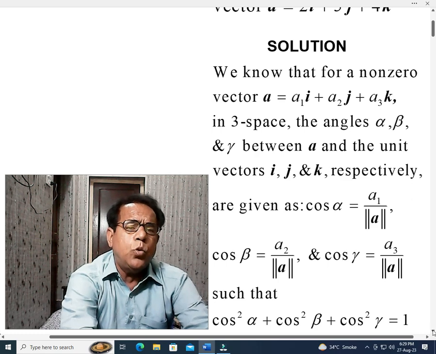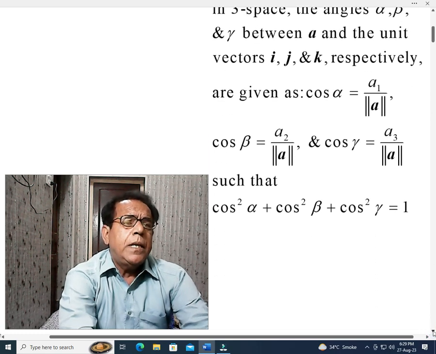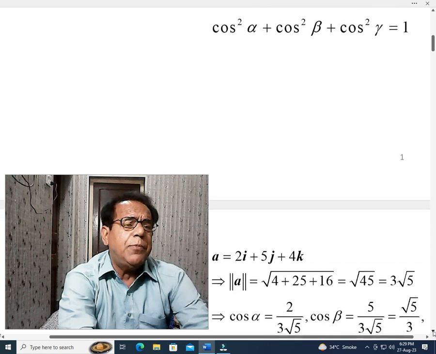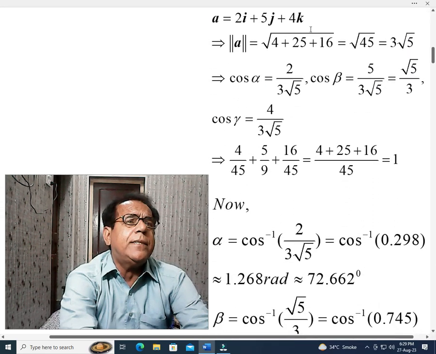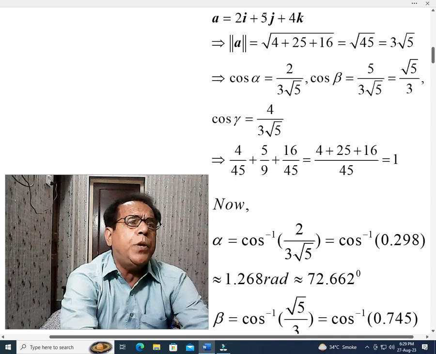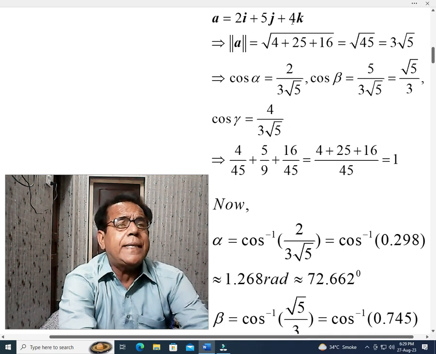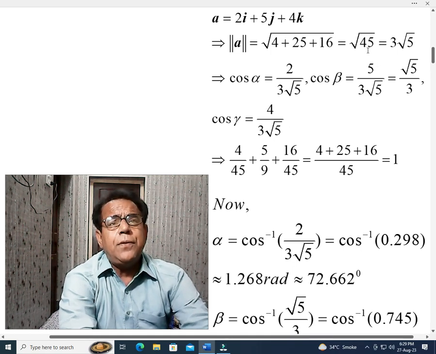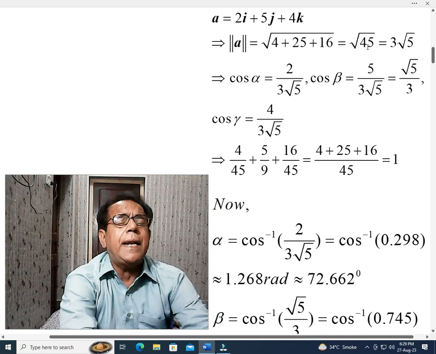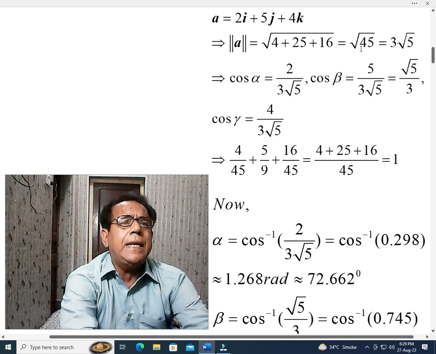So now we come forward. Because here a is equal to this, a1 is equal to 2, a2 is equal to 5 and a3 is equal to 4. So the norm or modulus or magnitude of vector a becomes equal to root 45, which can be written as root of 9 into 5, and 9 is the square of 3, so 3 root 5.